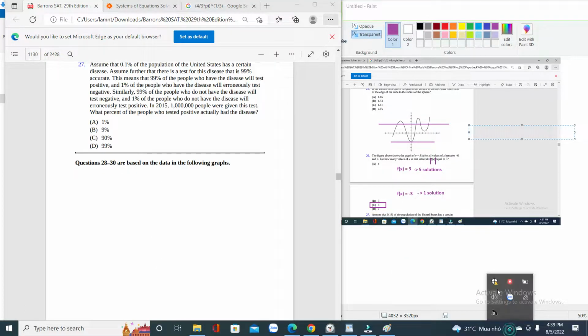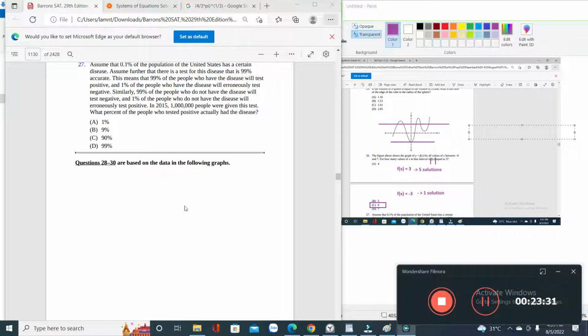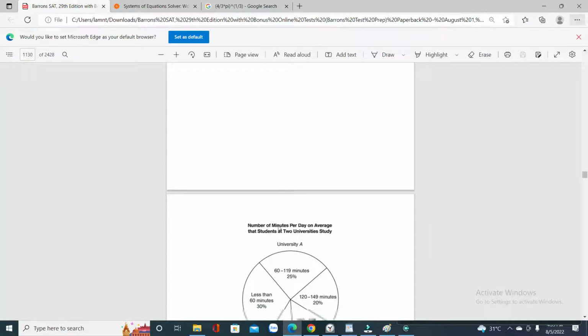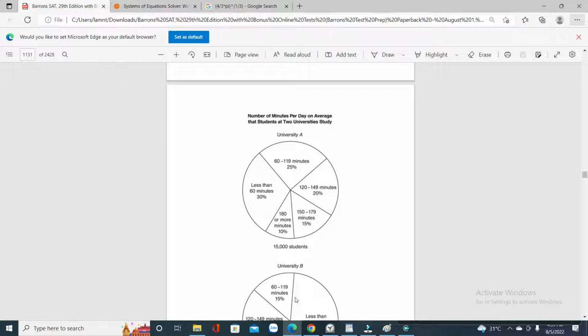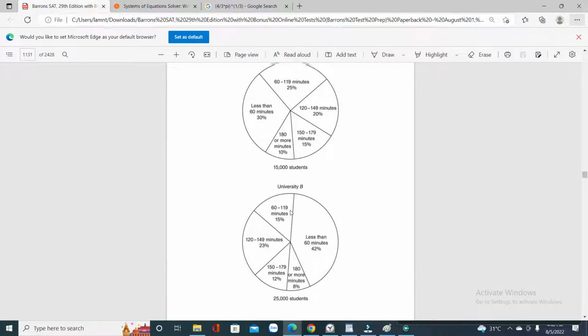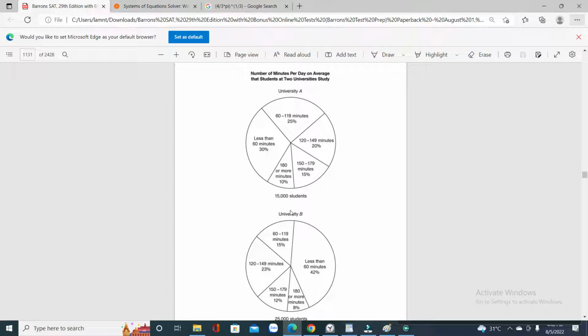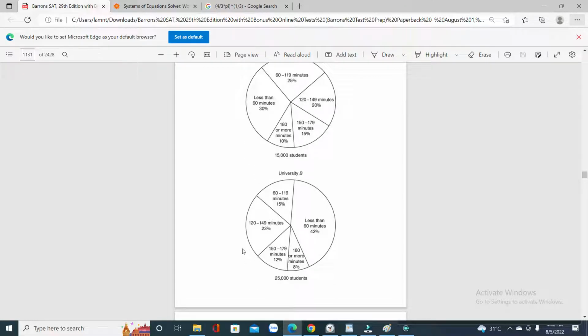Okay, so numbers 28 to 30 are based on the two graphs given here. So we have two graphs here: the number of minutes per day on average that students of two universities study, shown as two pie charts. University A had 15,000 students, and University B, different in size, had 25,000 students.